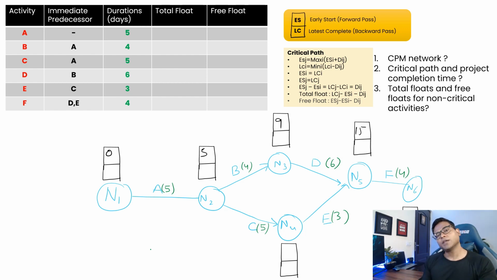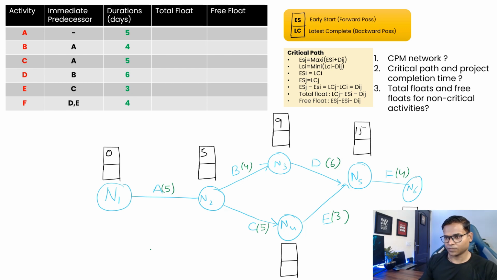So previously we have calculated the forward pass, right? Now we are going to do a backward calculation for our network diagram. I have just kept the forward pass values, and now let's calculate the backward pass. For the backward pass, we will go to the last node. Let me draw one node here so that we can see.